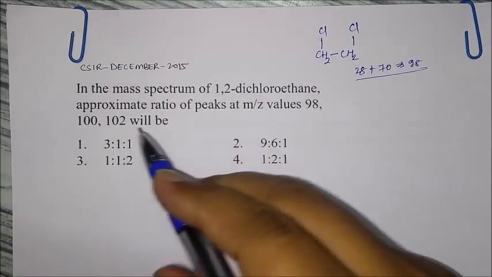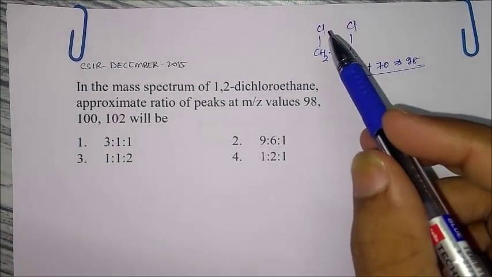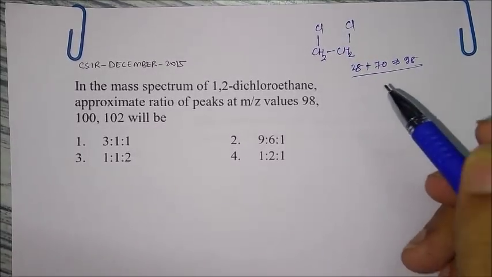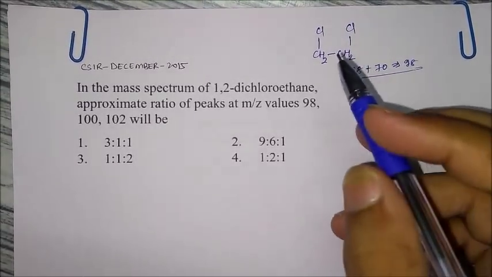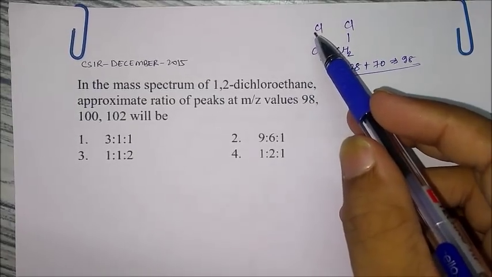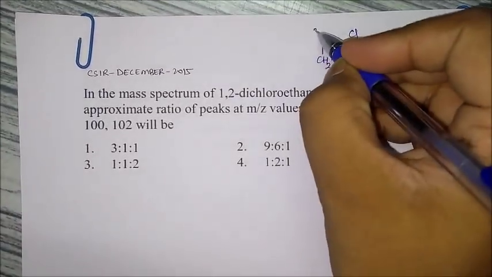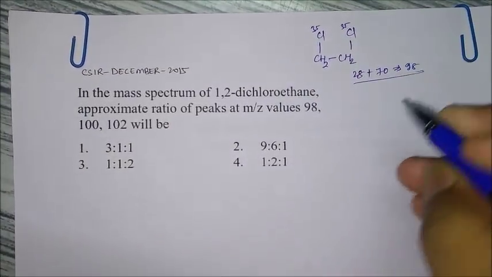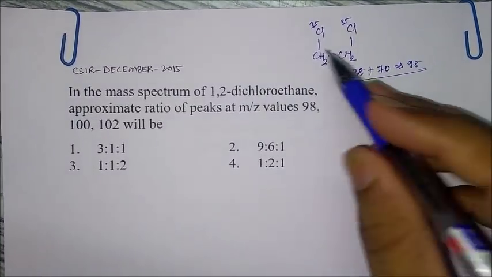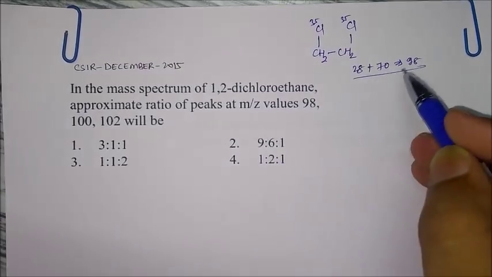These 100 and 102 will be possible if the chlorine is present in isotopic form also. Means if you have both the chlorine as 35, like I have done, then the mass of chlorine will be 70.